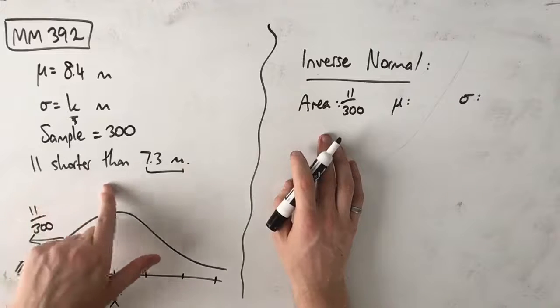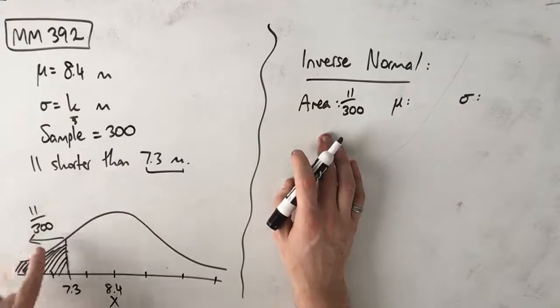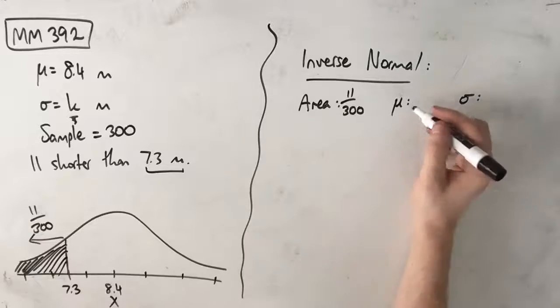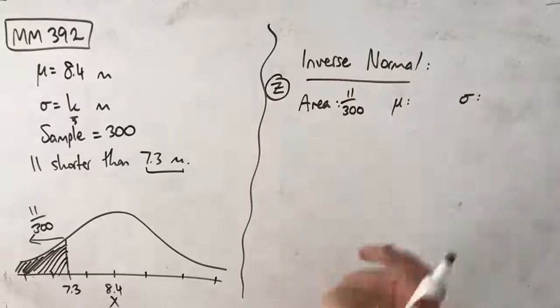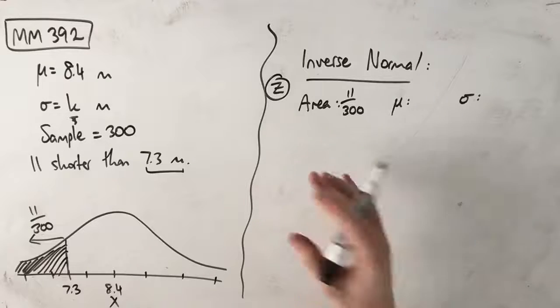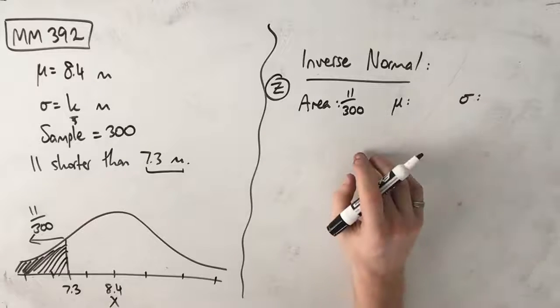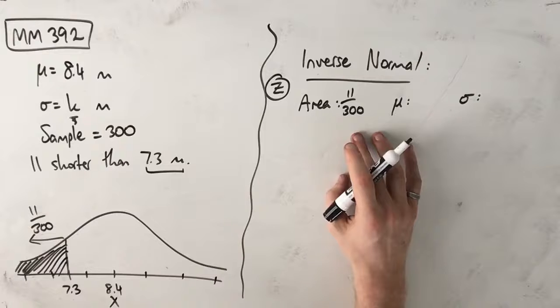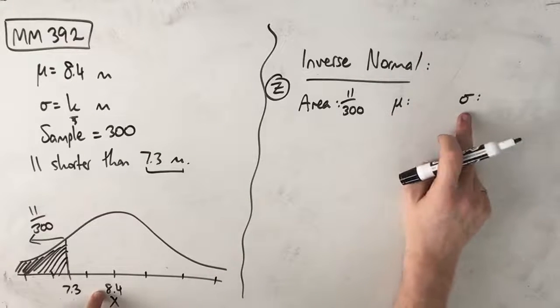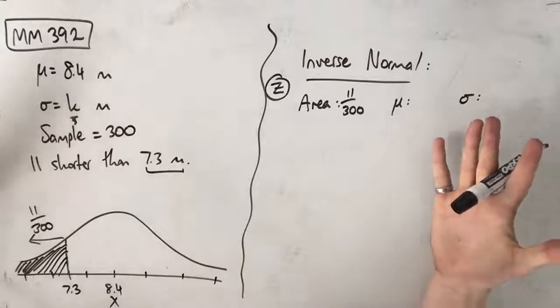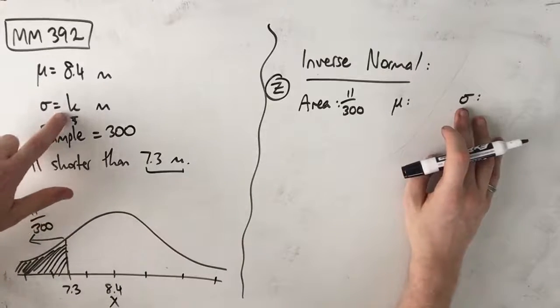It's told us that 11 are shorter than 7.3 meters, which means we can just use our 11 on 300. Our mean for our z value, because remember we're dealing with our z values here, and you'll see why we do this in a second. We could normally say that our mean was 8.4 and our standard deviation is whatever, but we don't know what the standard deviation is here.